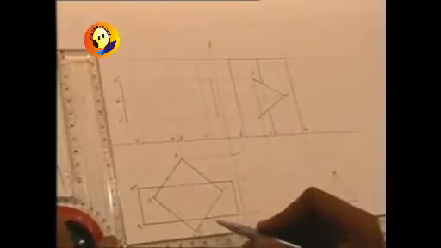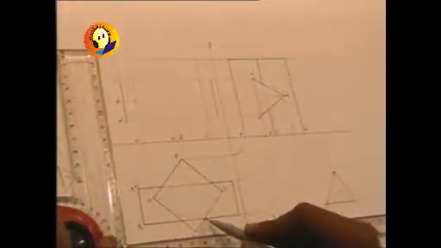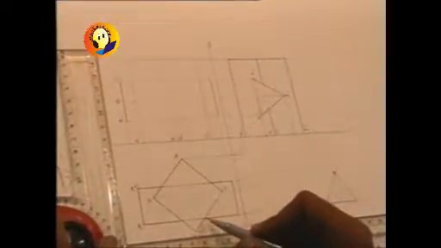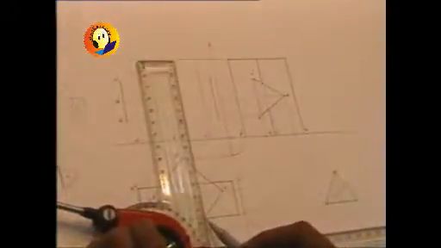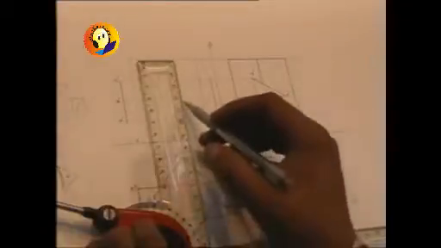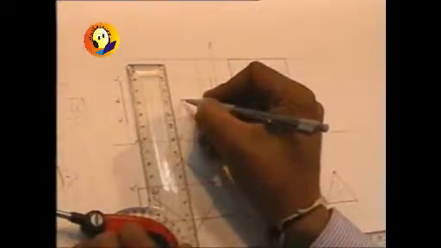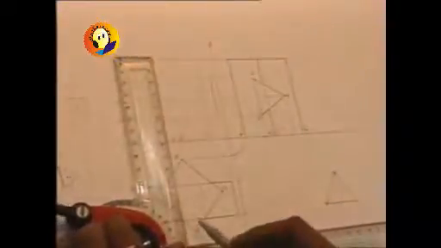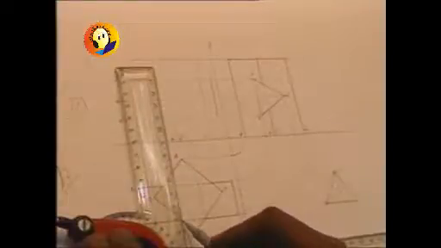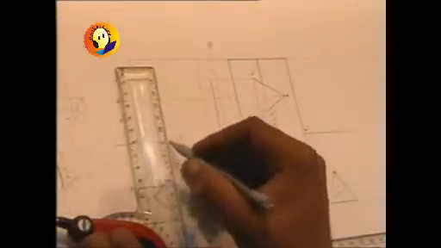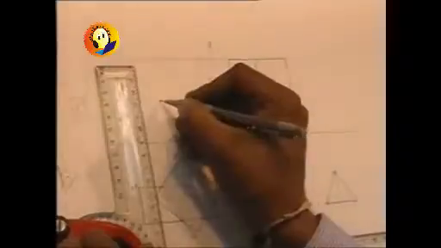To mark these points, see the procedure. In the top view, generator Q enters the face BC at this point, so we can take that point up and locate the point on generator Q. Similarly, the point on face AB where generator Q is entering the square prism through face AB can be located.